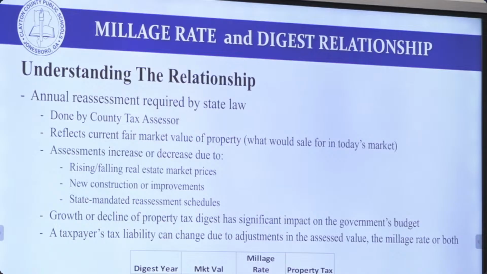Same for 2023, and then 2025, that same home is valued at $370,400. At the same millage rate, their taxes are $2,708. So you can see how, as there has been an incremental increase in the values of the property, even though the millage rate remains the same, that's considered a tax increase, and we have to advertise it as such, which is why we have to have these hearings.